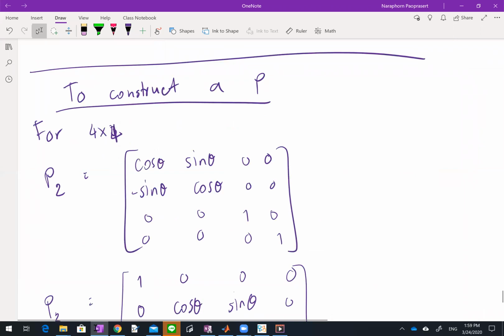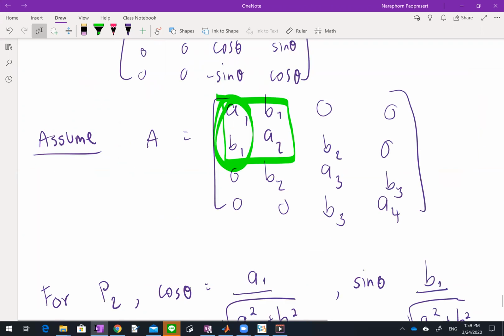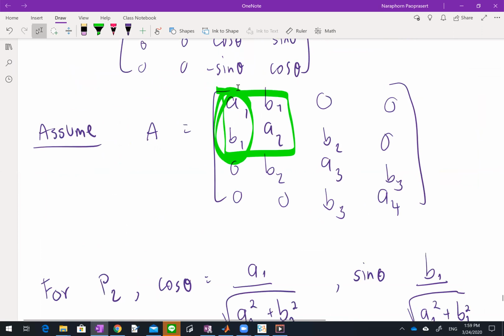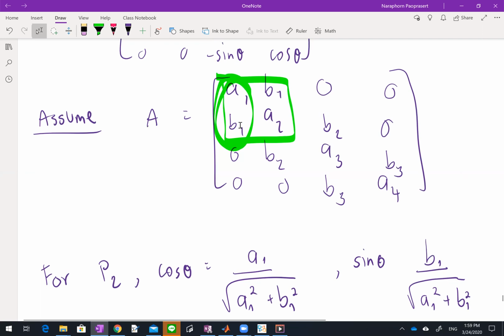Okay, so P2. Here my P2 formula is: cosine is just this number divided by the square root of the summation of the squares of the two numbers, and then sine is just this number divided by the square root of the summation of the squares.